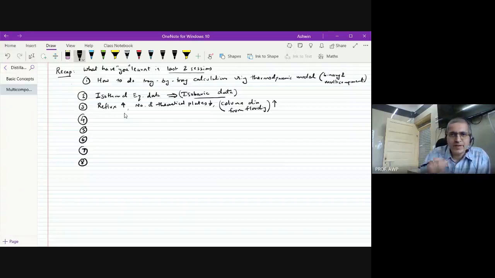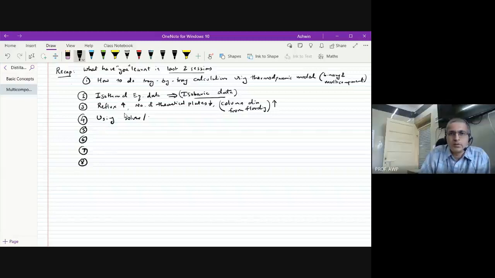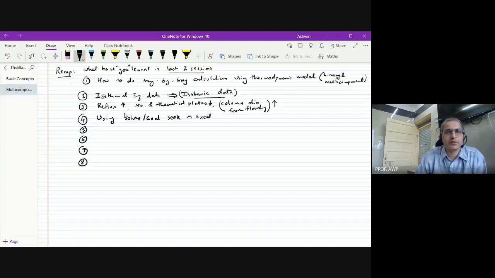So just anything. So using Solver in Excel instead of Goal Seek. Right, using Solver or Goal Seek. Great. It's not necessarily related to distillation, but yes, it is something that you have learned. Correct. Good.